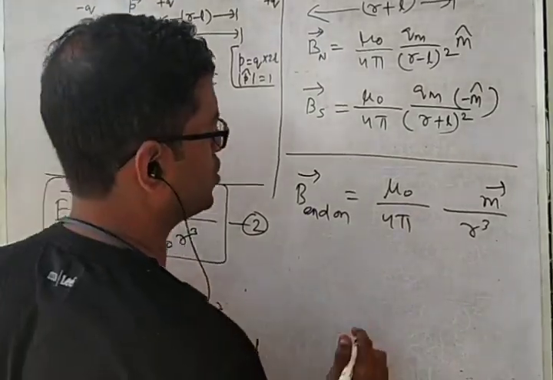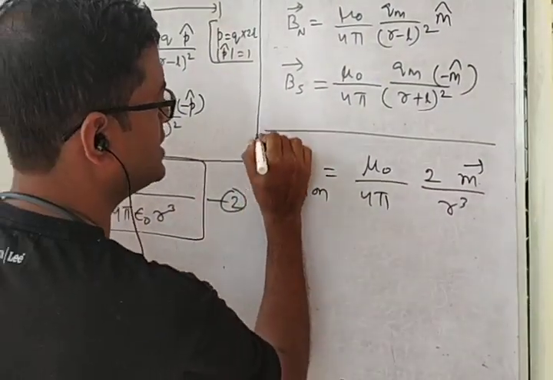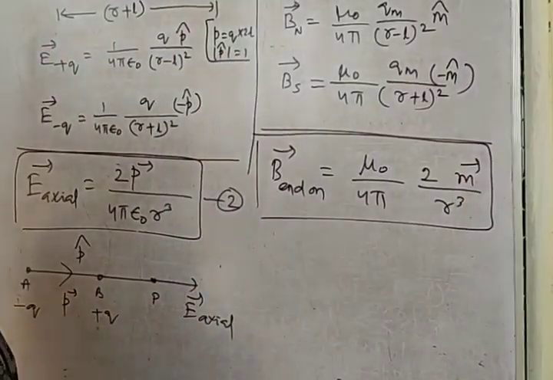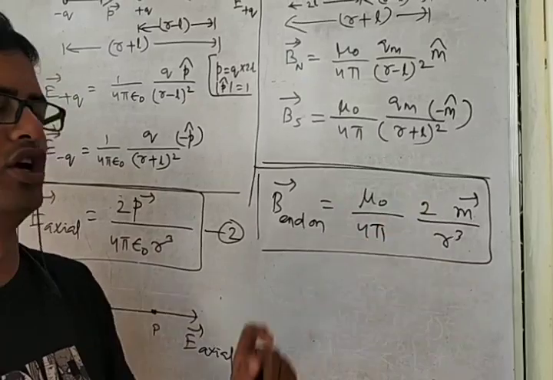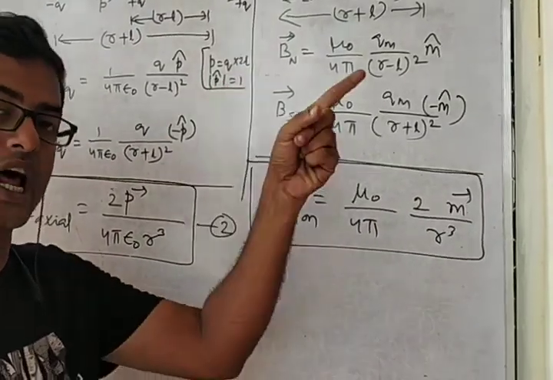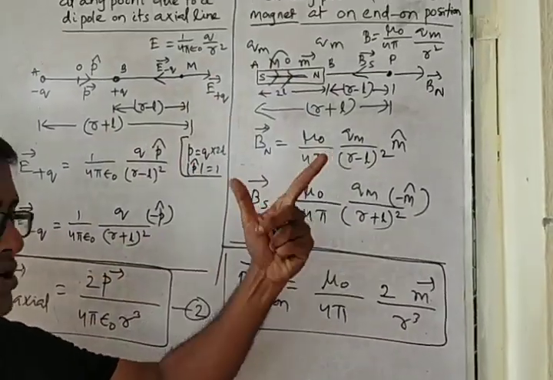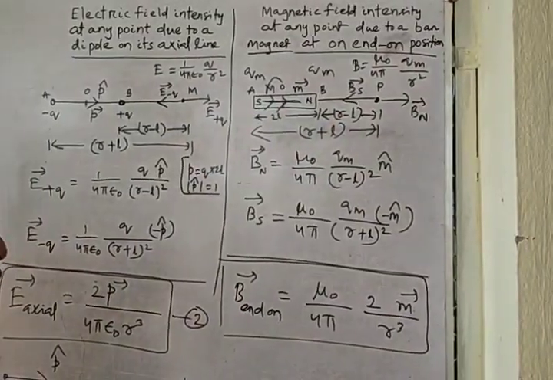Another quantity 2, so here it will be 2. So this is the desired expression for magnetic field intensity due to a bar magnet at any point on its end-on position, or you can say at any point at some distance apart from the midpoint of the magnetic dipole. So hope you are clear.